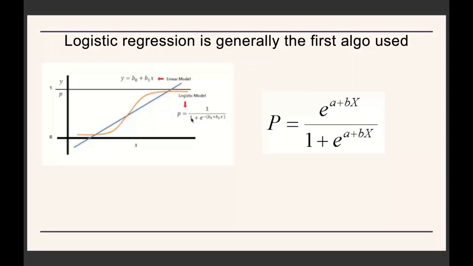A multi-class classification problem would be, let's say, predicting a customer's review as good, bad, or ugly. That is a multi-class classification problem.